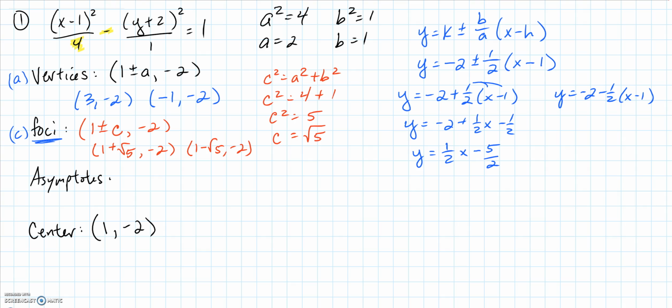And then my second equation, y is equal to negative 2 minus 1 half x plus 1 half. Oh, skipped a step, sorry. Simplify that, you get negative 1 half x minus 3 halves. And then now I have everything I need in order to graph.